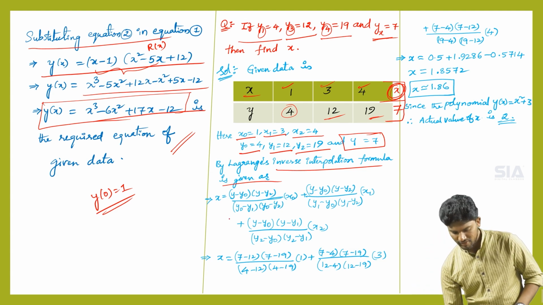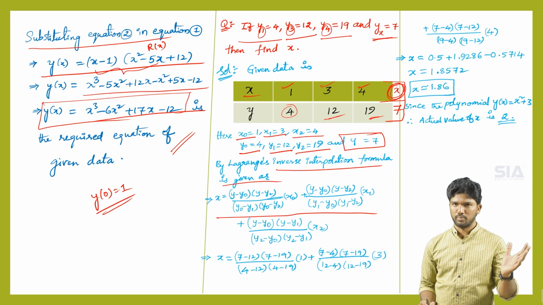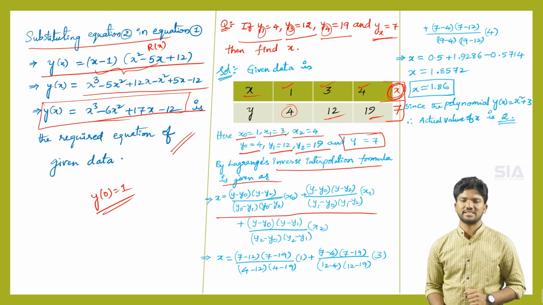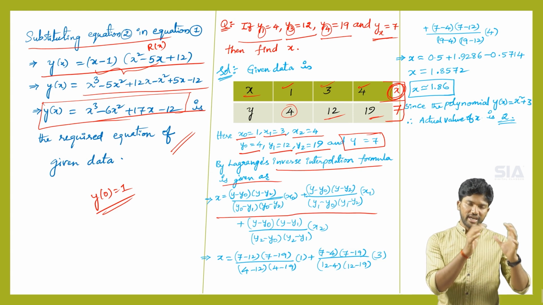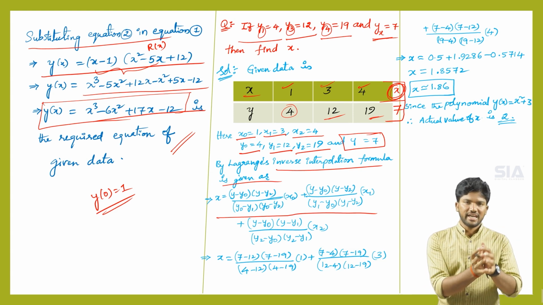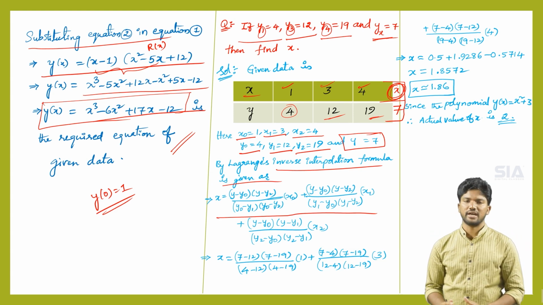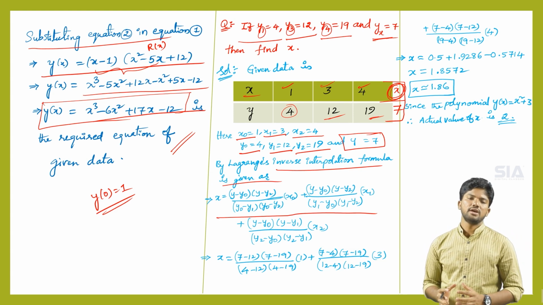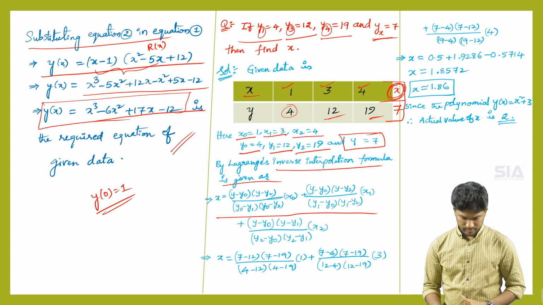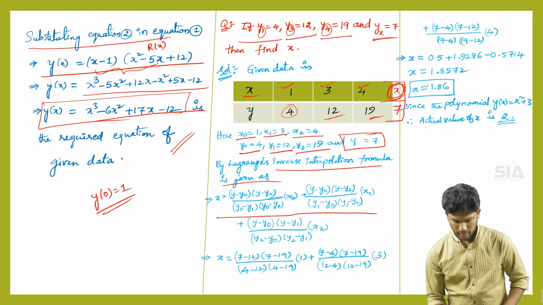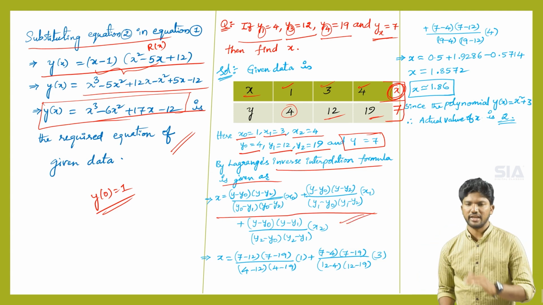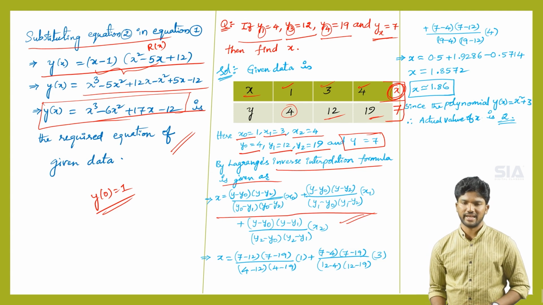So, we are writing here x is equal to, where we are interchanging y with x, x with y. So, x is equal to y minus y0, y minus y2 by y0 minus y1, y0 minus y2 into x0. In this format, you will get the inverse interpolation formula for Lagrange's.